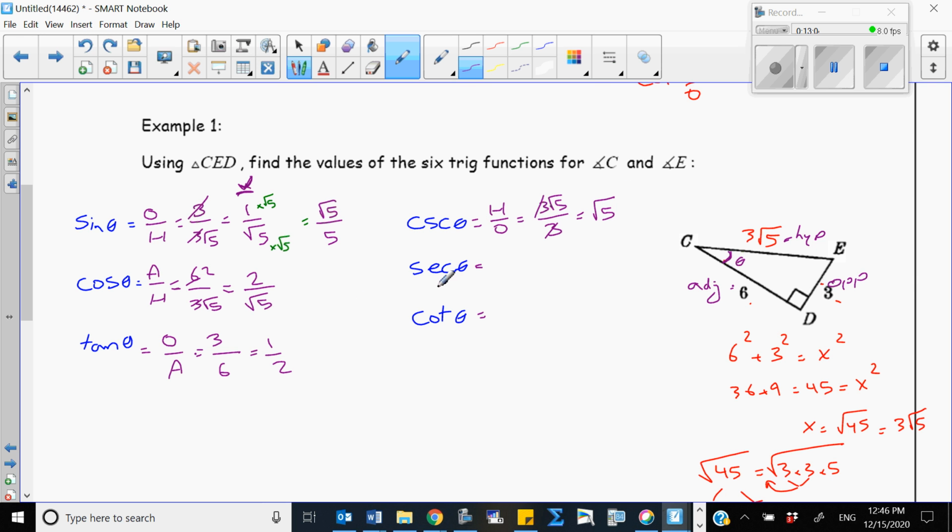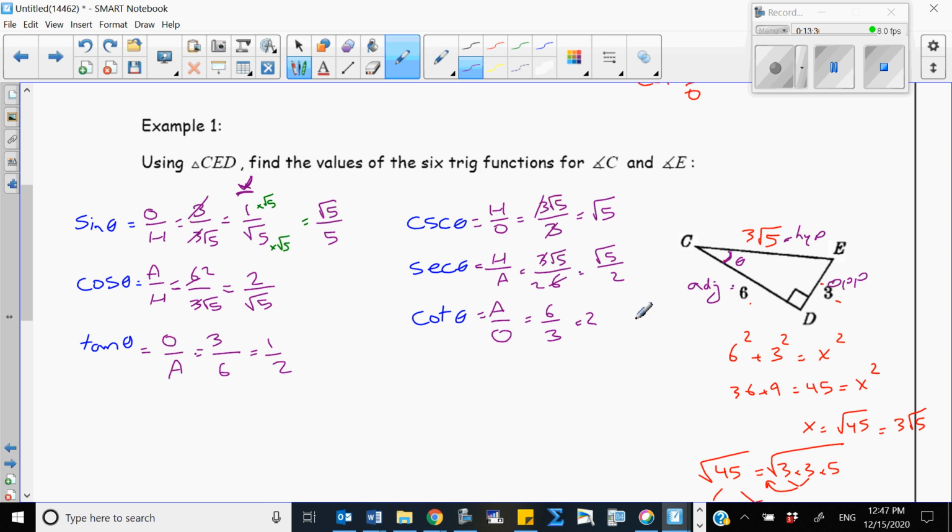Secant is the reciprocal of cosine, so it will be hypotenuse over adjacent. Hypotenuse is 3 radical 5 and adjacent is 6. If I simplify, it will be radical 5 over 2. Cotangent is adjacent over opposite. Adjacent was 6 and opposite of this angle is 3, and that is equal to 2.